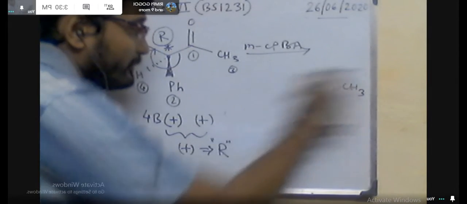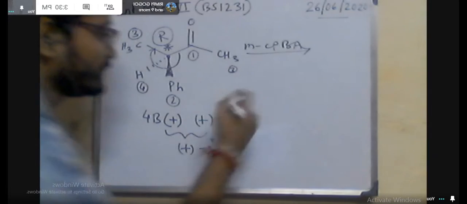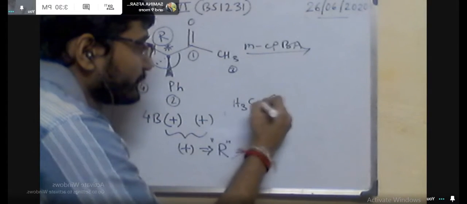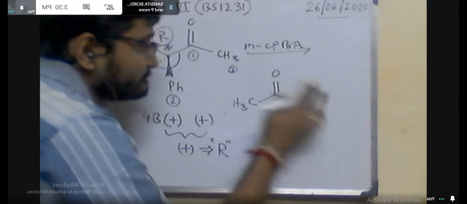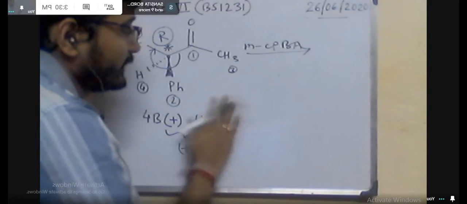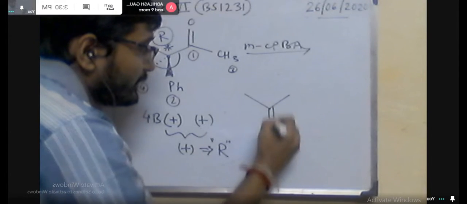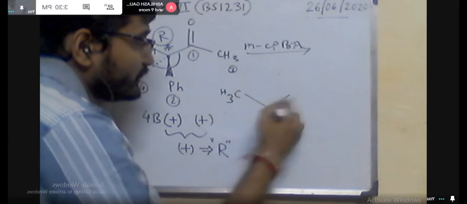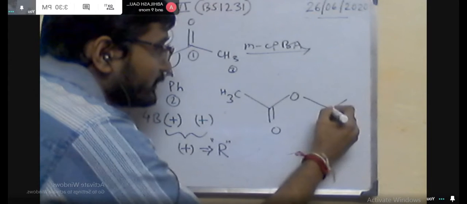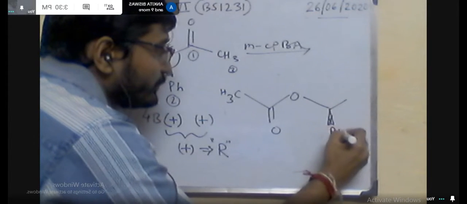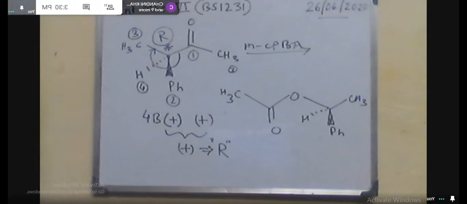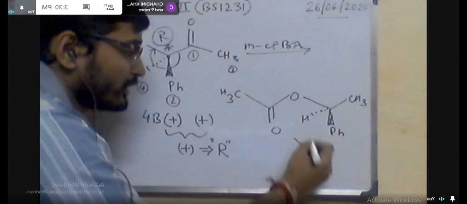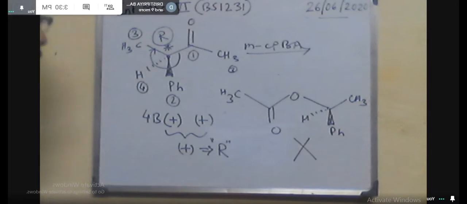This structure is not the actual product, because here you can see the configuration is changed. 1, 2, 3, 4, the 4b plus rule, the fourth group is away from the viewer, and the rotation is 1, 2, 3 anti-clockwise, that means that is minus. So minus into plus gives minus, so the configuration is S. So from an R ketone, you are getting the S ester. So this is not the correct product.